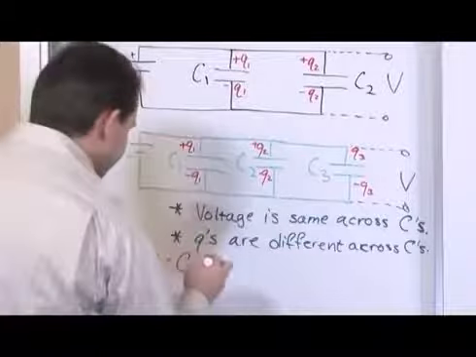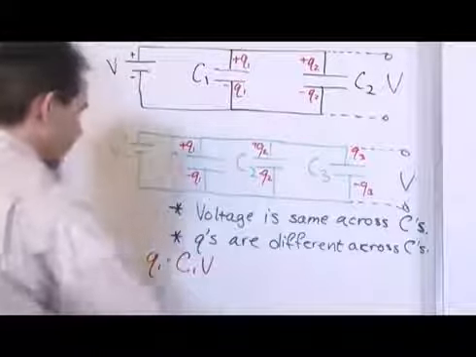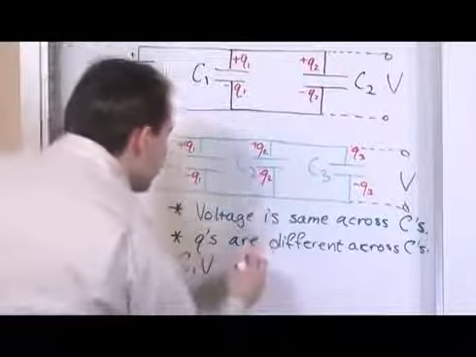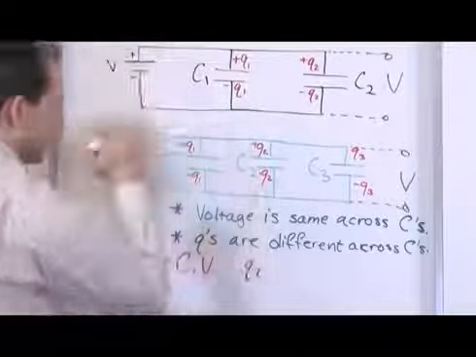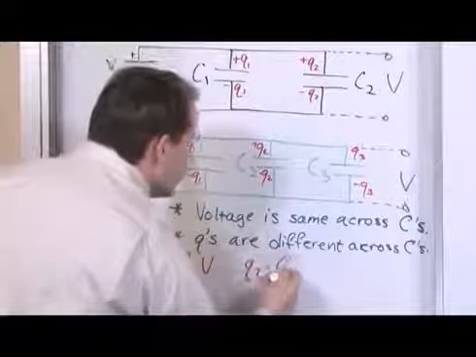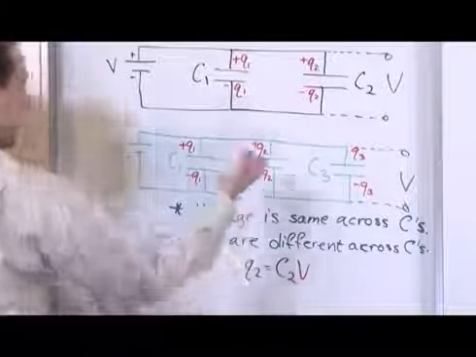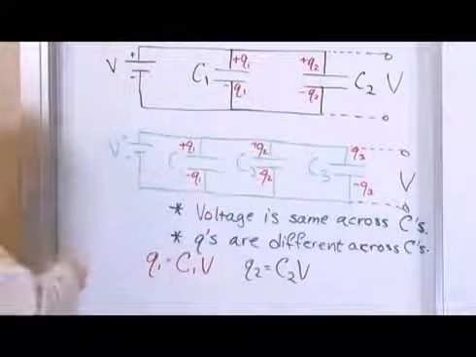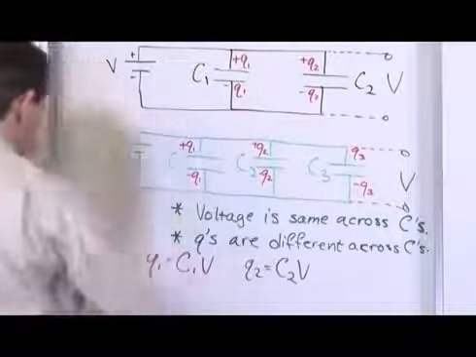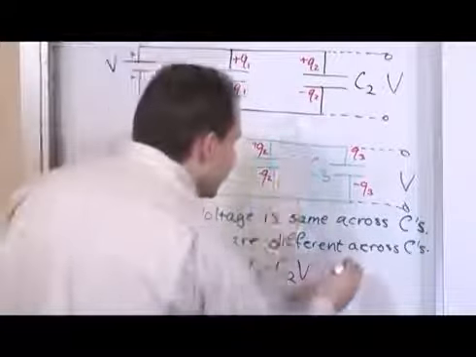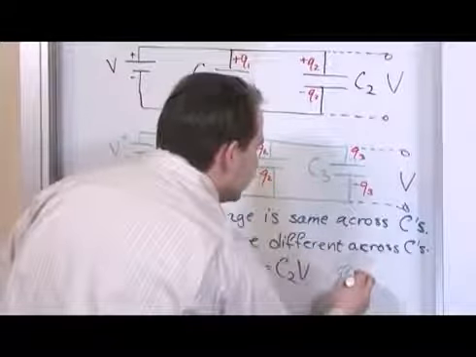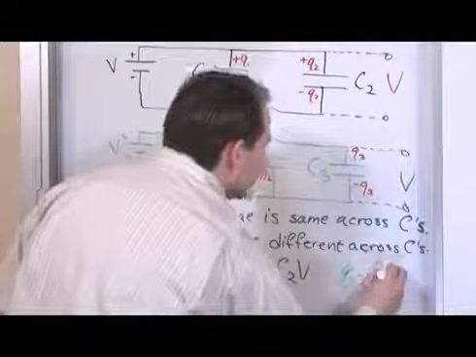Now, for this guy, let me switch colors here. The charge stored on capacitor number 2 is equal to C sub 2 times V. Notice it's the same V in each case. The voltage is the same because I just told you the voltage is the same no matter what capacitor you're looking at. And then over here for number 3, Q sub 3 is equal to C sub 3 times the voltage.